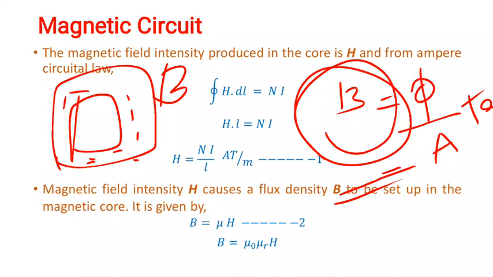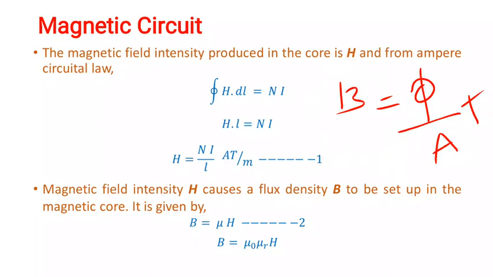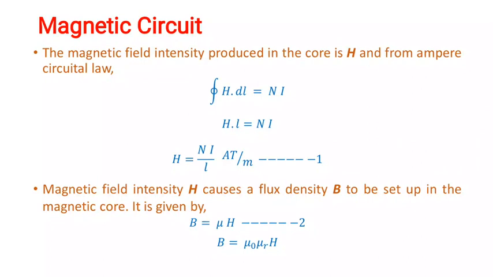So let us now derive the function for magnetic field intensity and magnetic flux density. The magnetic field intensity produced in a core is H, and from Ampere's circuit law for a closed path, this integration indicates the closed path.